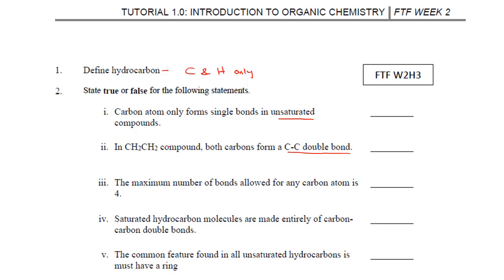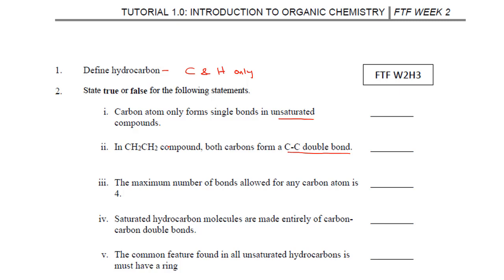From there you can determine what class of compound it is and whether it contains a double bond or not. Another way of looking at it, you can try to draw the expanded structure of the formula given, and then you can see how to make sure that the carbon is octet.